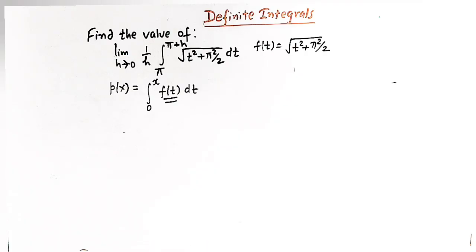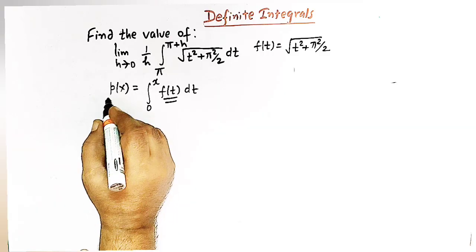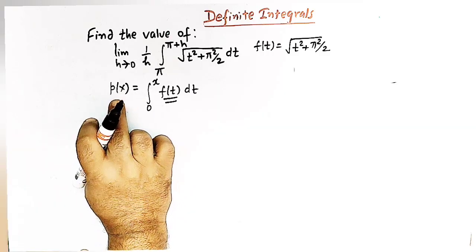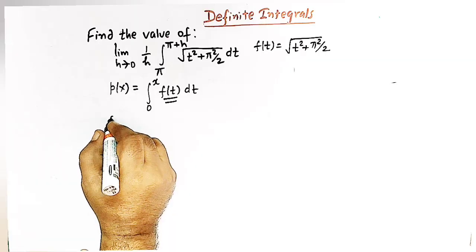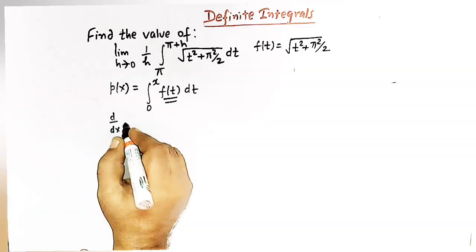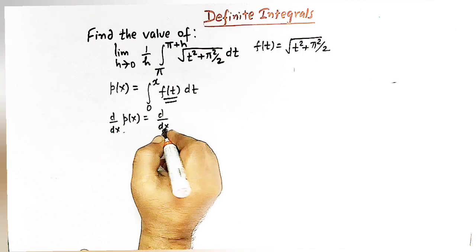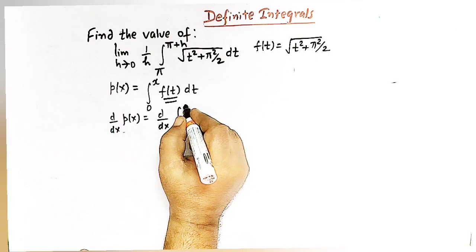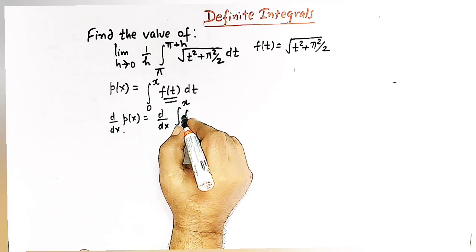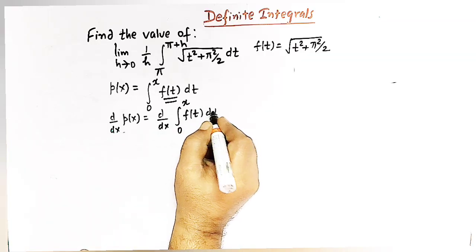So now from the concept of the fundamental theorem of calculus, we can differentiate both sides with respect to x. So we have d by dx of P of x equal to d by dx of the integral from 0 to x of f of t dt.